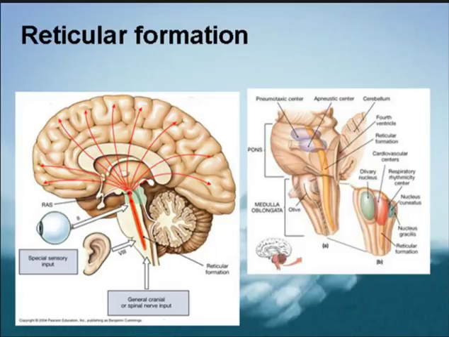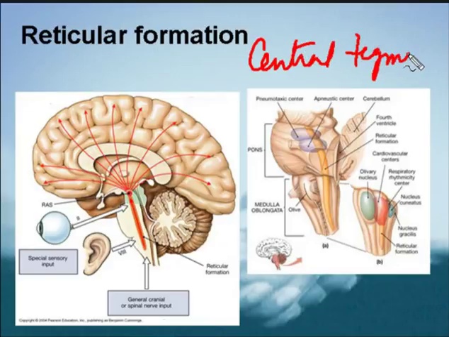and you can see this tract will go up, and actually that tract is called the central tegmental tract, just in case you see this somewhere. This central tegmental tract goes to the different areas of the cortex, and what it does is serve as an arousal of the higher central nervous system centers.